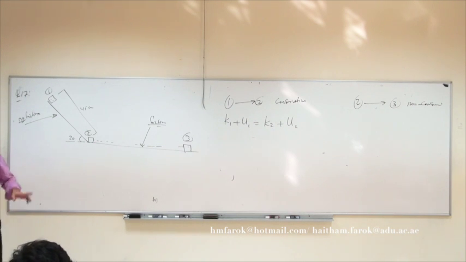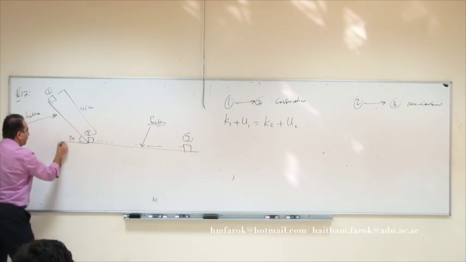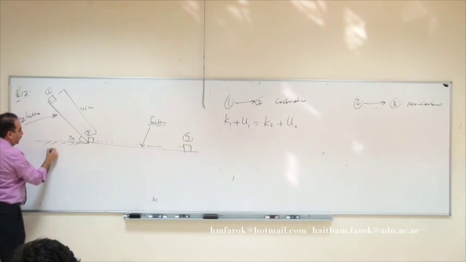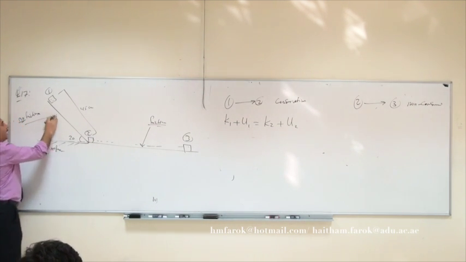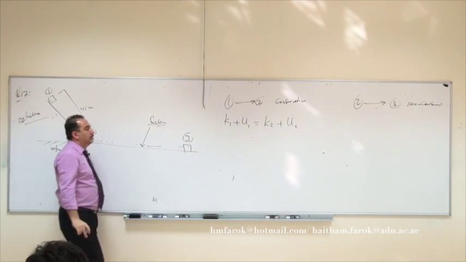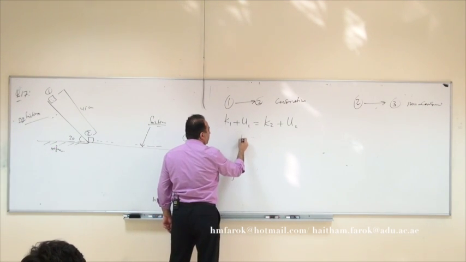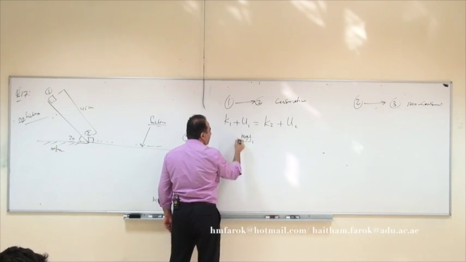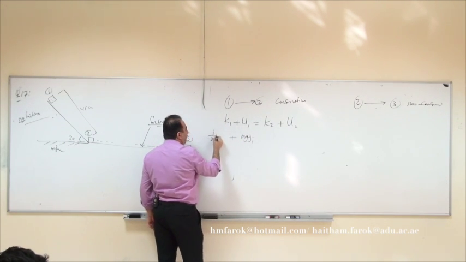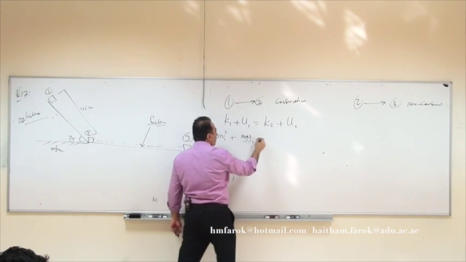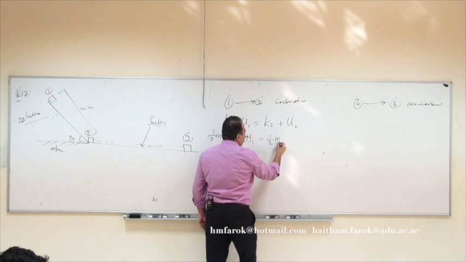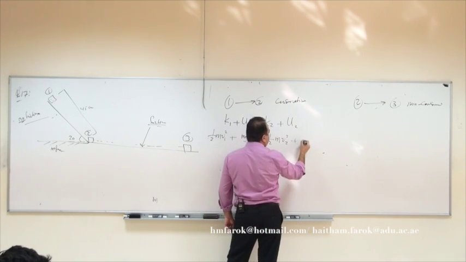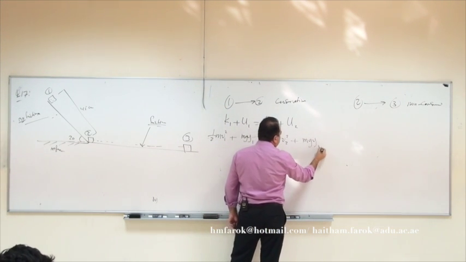Whenever you have potential energy, you have to give us the reference. The reference is the ground. So here you need mgy1, here half mv1 squared, here half mv2 squared, and here mgy2.